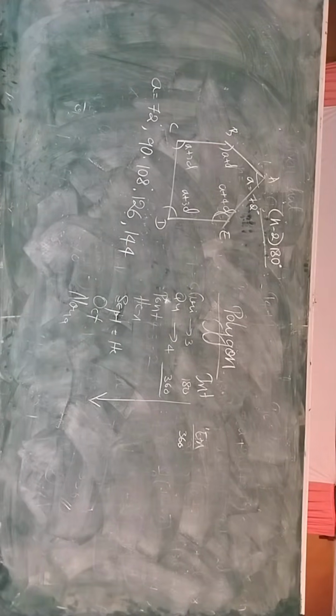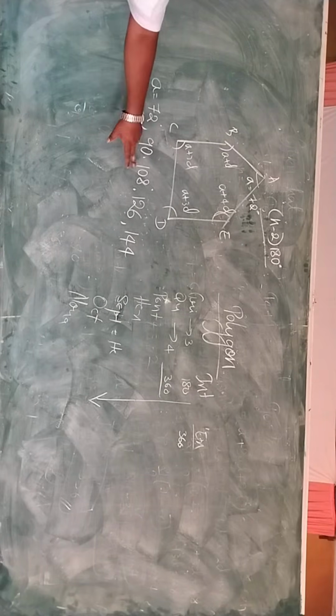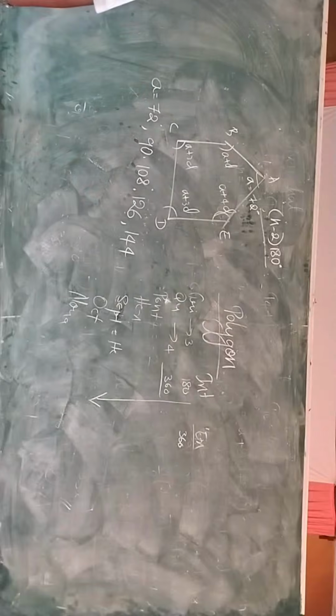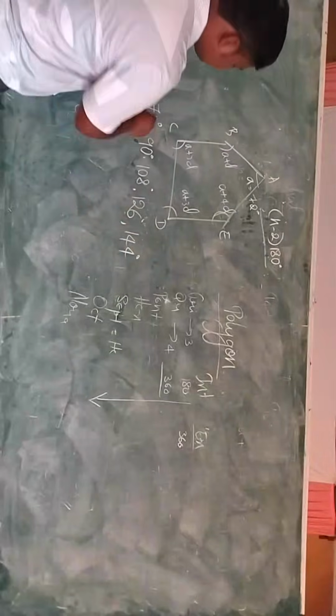Common difference 18, correct. So these are the angles: 72, 90, 108, 126, and 144 degrees. Okay, any doubts here?